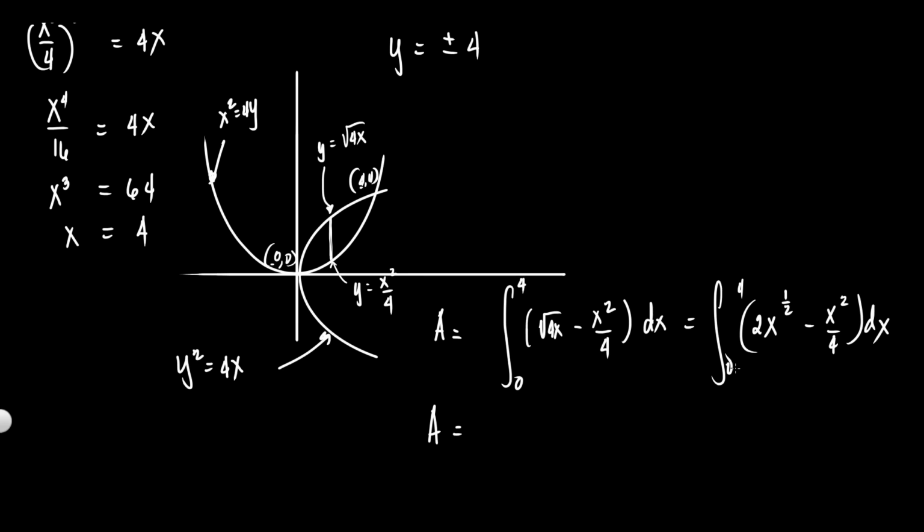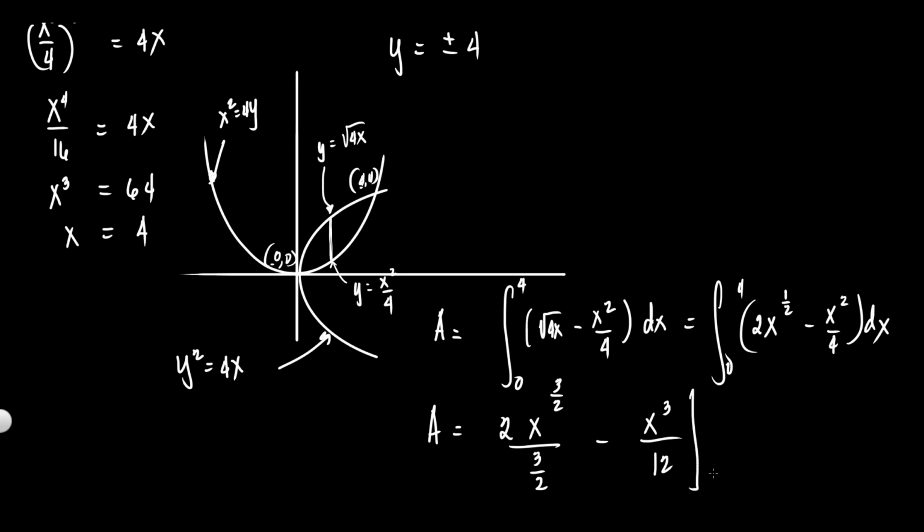So we have here 2 times x, 1/2 plus 1 is 3/2, over 3/2. Minus this one, x cubed, okay, so 4 times 3, we have 12.